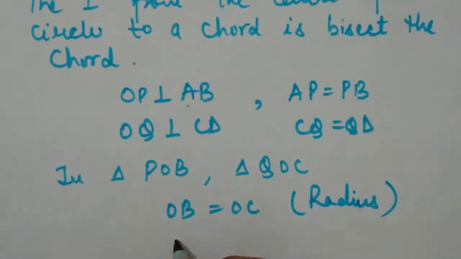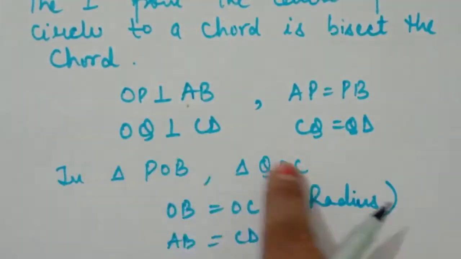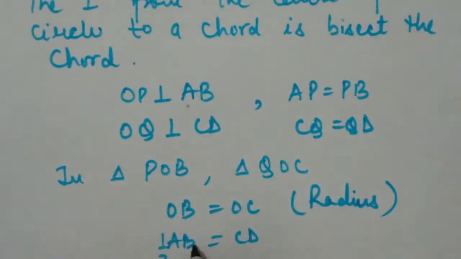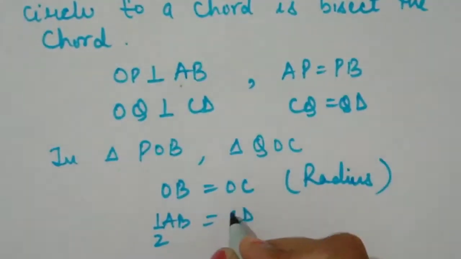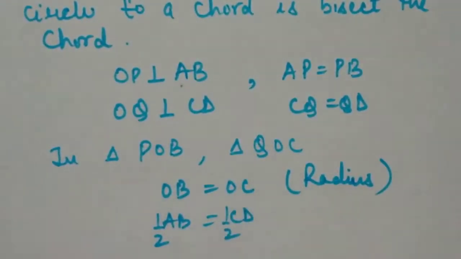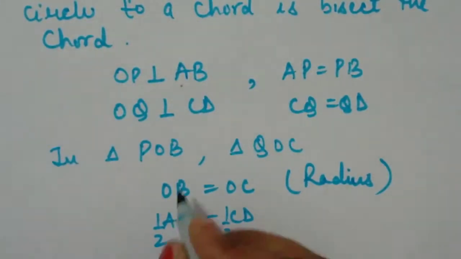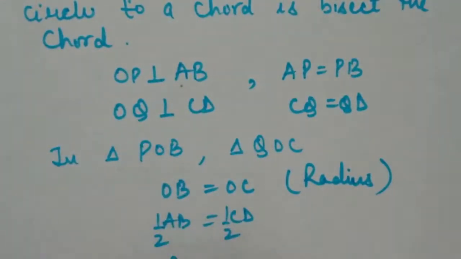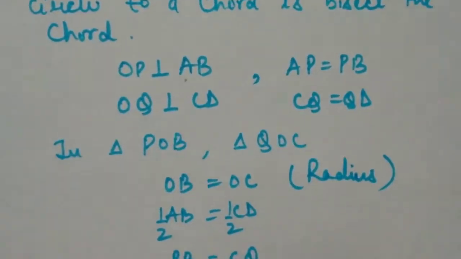We know very well that AB is equal to CD, but we can't use this because we have two small triangles. AB and CD are not present in these two triangles. So if the wholes are equal, then half of AB is also equal to half of CD. Half of AB is AP as well as PB. So PB is present in this triangle. PB is equal to CQ, and CQ is present in this triangle.